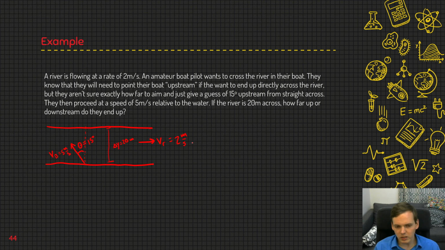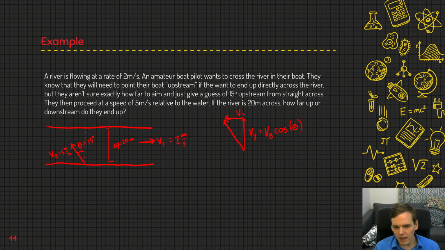So there's a lot here. Let's just look at the pieces though. The main thing I want to do is look at this velocity of the boat. So Vy is going to equal Vb times cosine of theta.